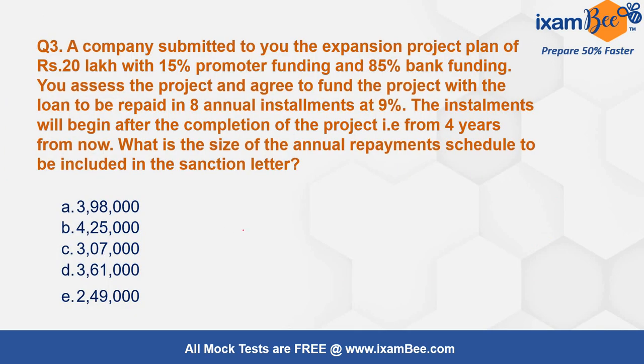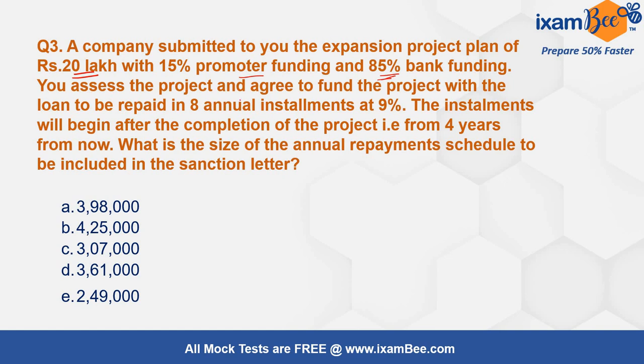Coming to the last question for today. If a company has submitted to you the expansion project plan for 20 lakhs. Again, you are a banker and a company has approached you for a project term loan, project financing. The project is of 20 lakh where the promoter will bring in 15% funding and the remaining 85% the company has approached you for bank funding.